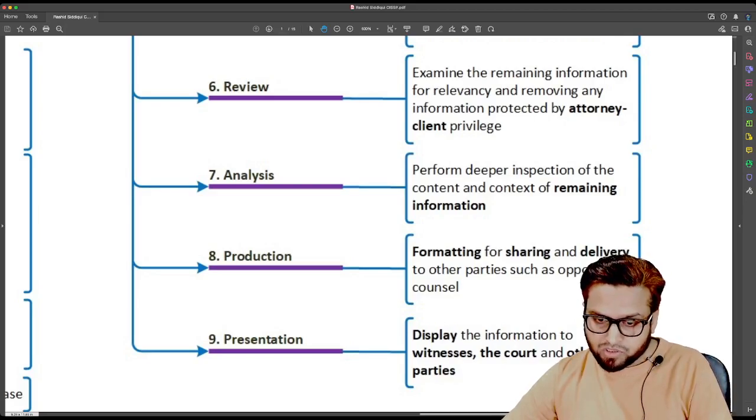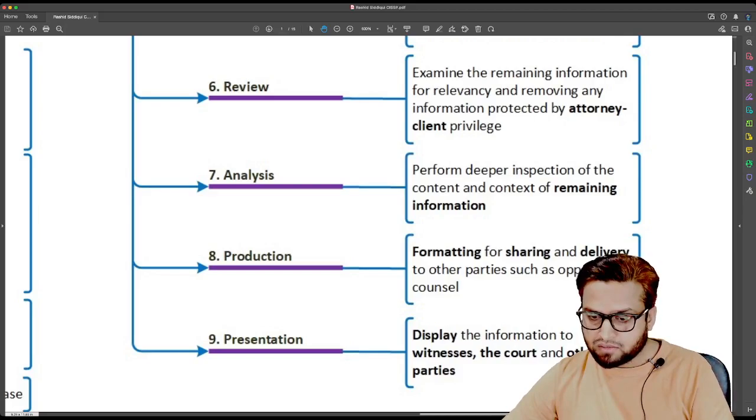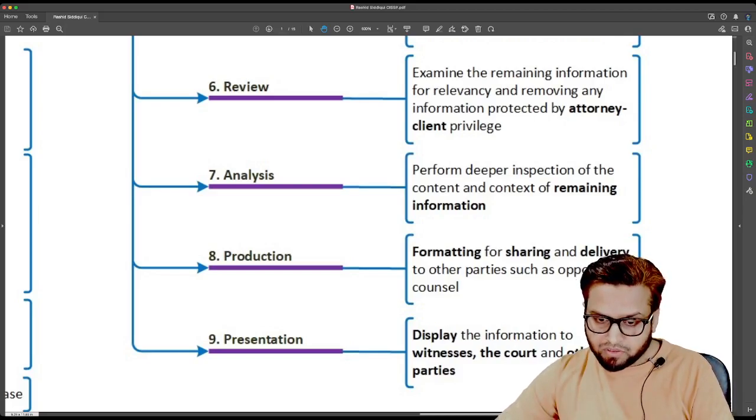There may be some portion of the data which will not be needed, so we will do that type of analysis in step 7. We perform a deeper inspection of the content and context of the remaining information. When we talk of context, it is something we might call qualitative, subjective input as well, right?